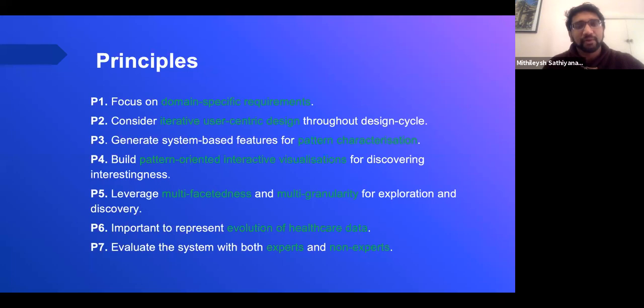Principle 2: you need to focus on iterative user-centric design throughout the design cycle. You cannot leave a healthcare professional out at some point, as happened this year when we were hit. This is one of the lessons that we learned. We cannot leave the person out of the loop. You need to have the healthcare professionals throughout your research, throughout your deployment stage. So that's one of the principles.